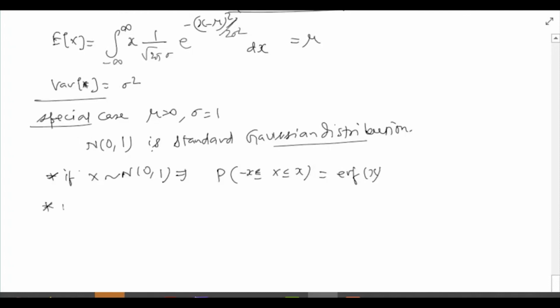Further, if X is Gaussian with parameters mu and sigma square, then (X minus mu) divided by sigma turns out to be Gaussian with parameters 0, 1. That is, (X minus mu) by sigma is a standard Gaussian random variable. These were a few facts about Gaussian distributions, and this also brings us to the end of this lecture. Thank you.